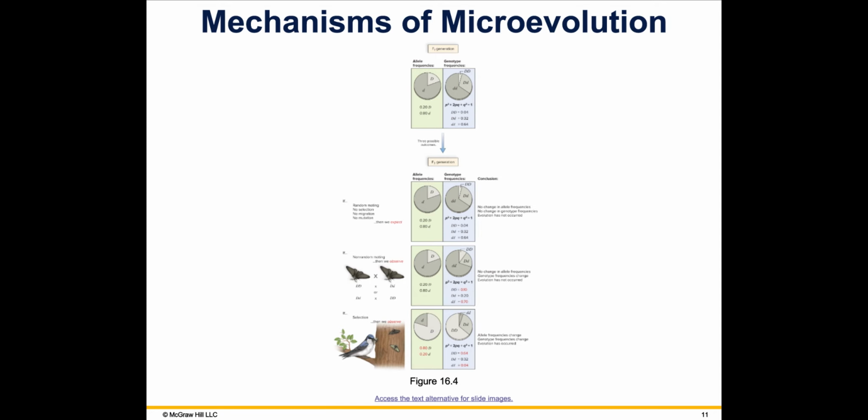And now, when we come back to the population and do our calculations again, we'll see that those numbers, those p's and q's and p squared and 2pq and q squared, they've changed. And therefore, our Hardy-Weinberg equilibrium was not met. Those conditions were not there. Evolution has occurred.